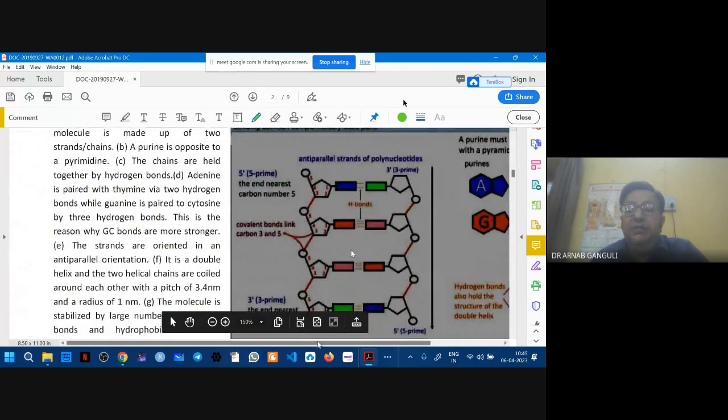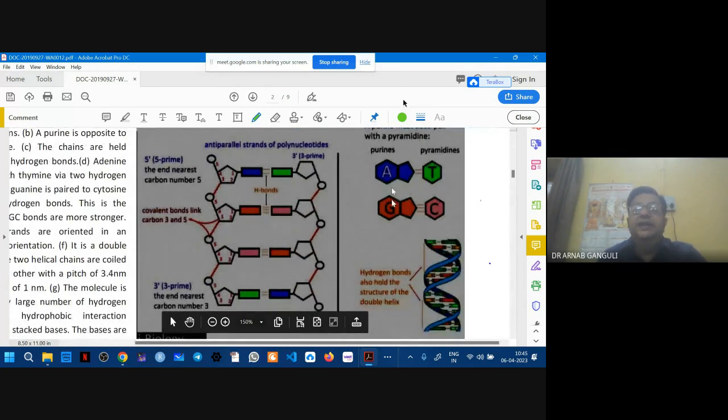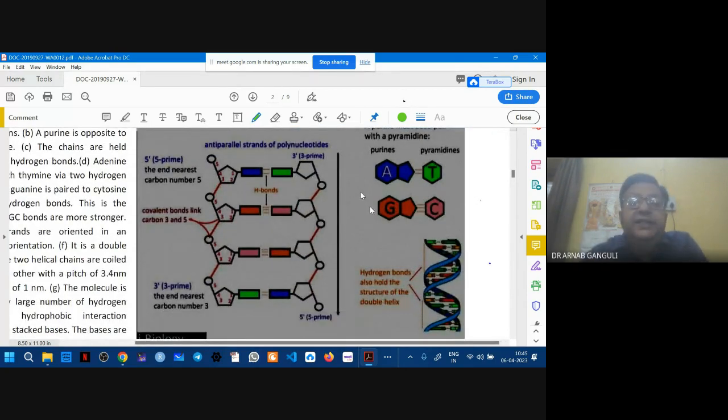Now, how does the base pairing take place? So this is the 5 prime phosphate, the 5 prime carbon, and that is attached to this base. Opposite of A, with a double hydrogen bond, is always T, and opposite of G, with a triple hydrogen bond, is C, cytosine.